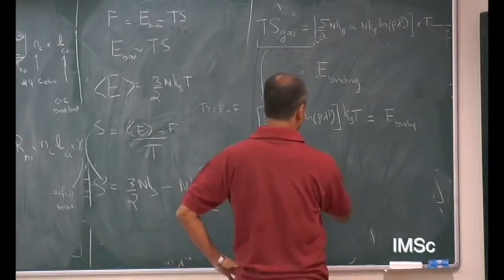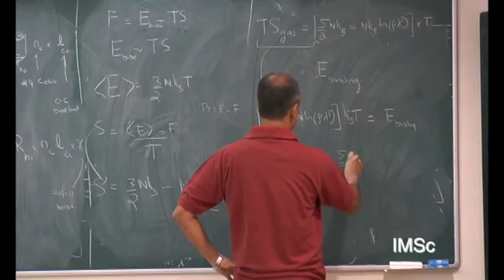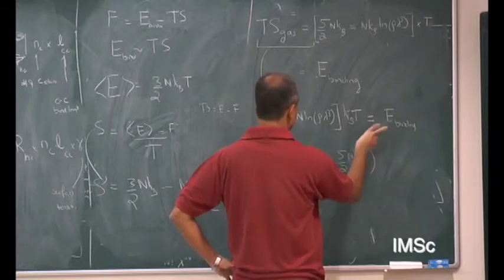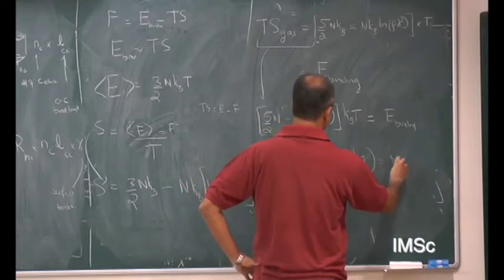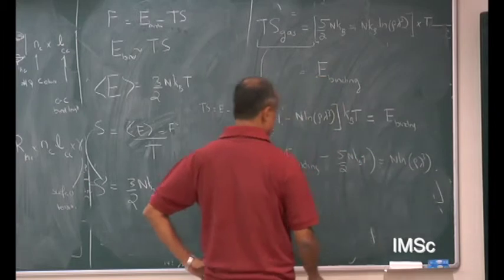E binding minus 5 by 2 n kBT, by taking this term here and putting it there, is n log rho lambda cubed.